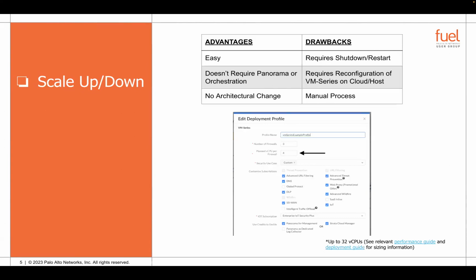And of course, we support anywhere from 2 vCPUs all the way up to 32 vCPUs. We'll talk about the performance you can expect to see as you increase vCPUs. And of course, that's very much going to depend on the environment or the hypervisor that you're running that virtual firewall on.